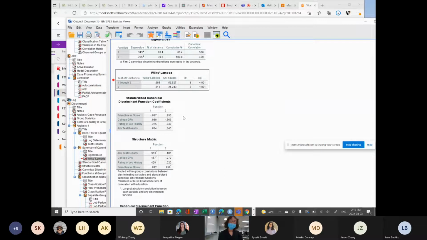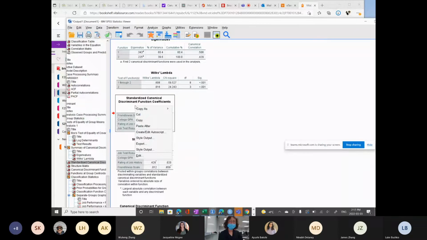Next, we have our standardized canonical discriminant function coefficients here. Based on these coefficients, you can write down the equation.